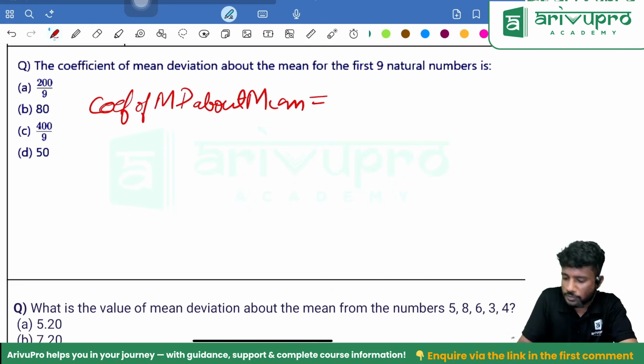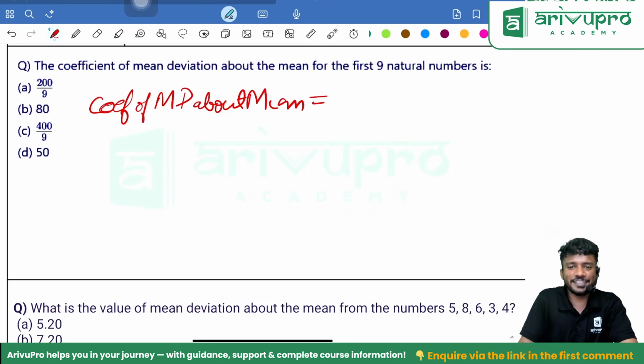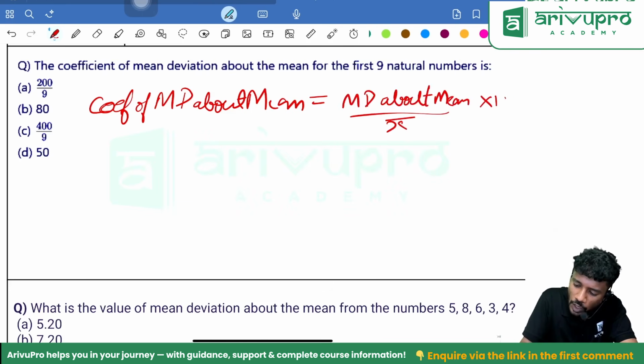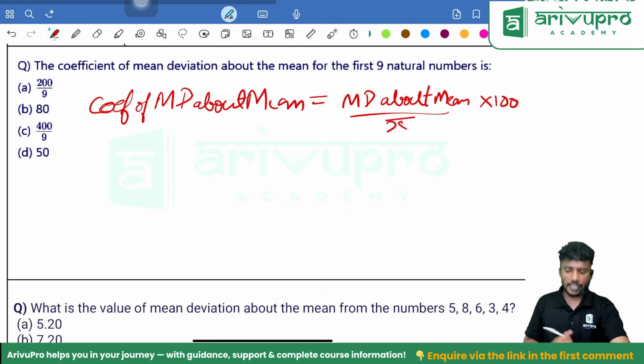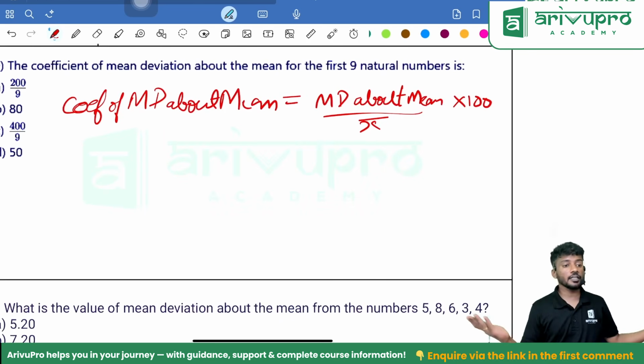Mean deviation about mean divided by mean into 100. Am I right? Yes.